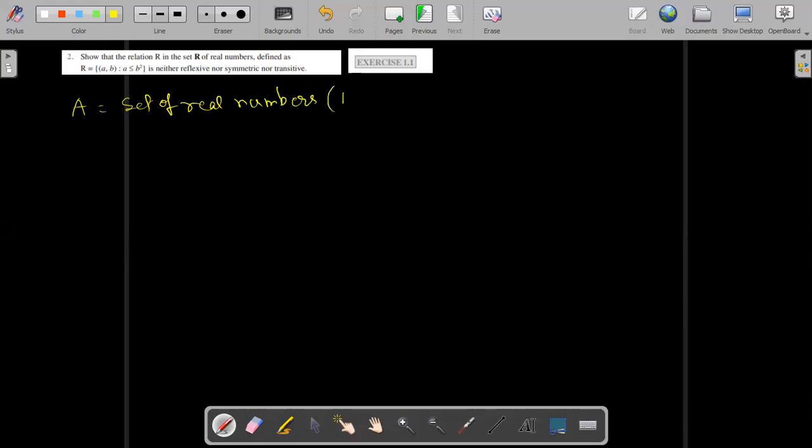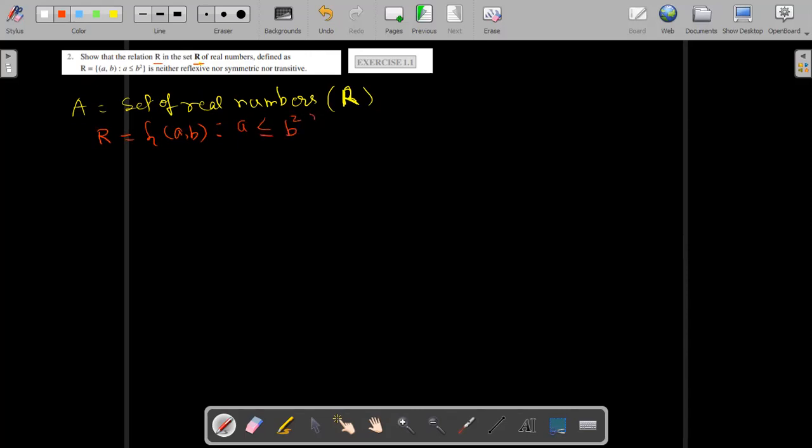It is denoted by bold R here because there are two R's, one for relation, one for real numbers. The relation R is defined as R = {(a, b): a, b are real numbers such that a ≤ b²}.